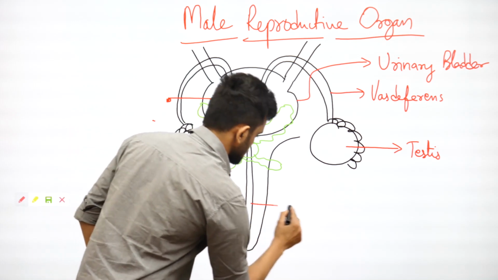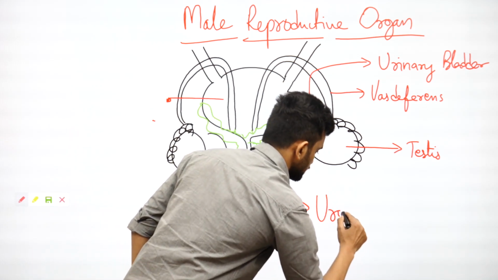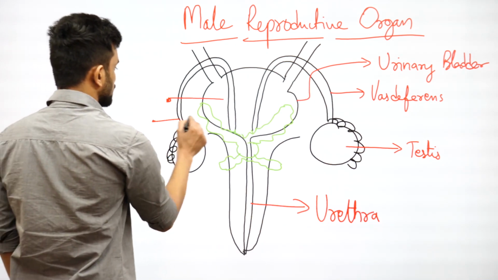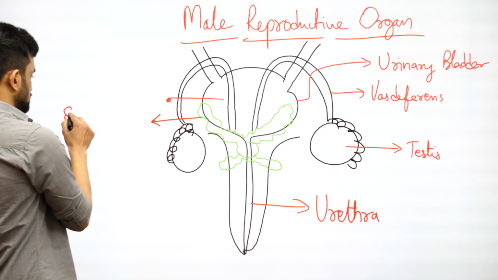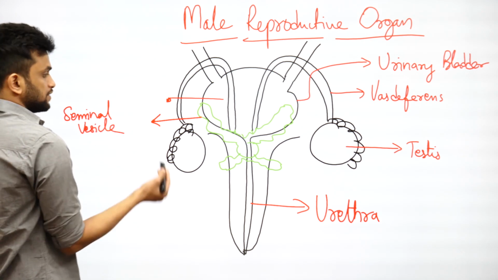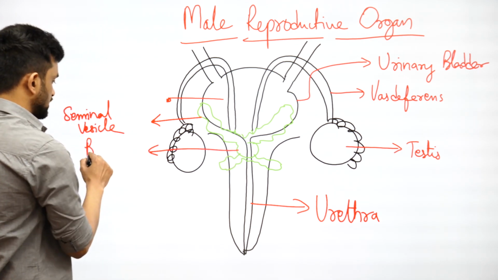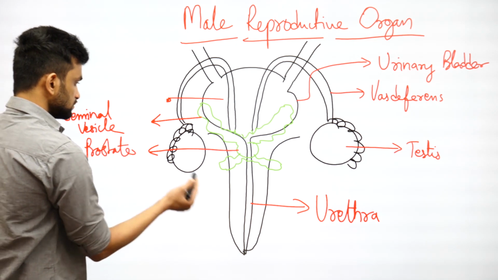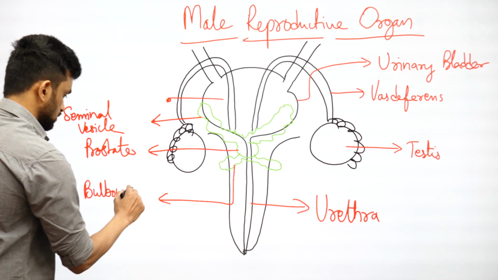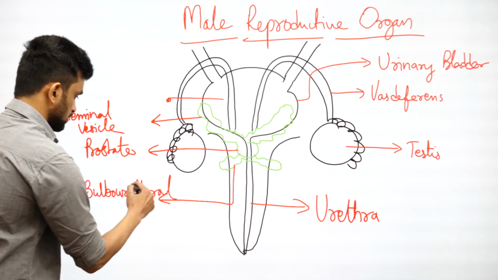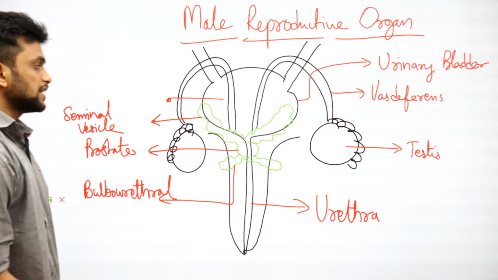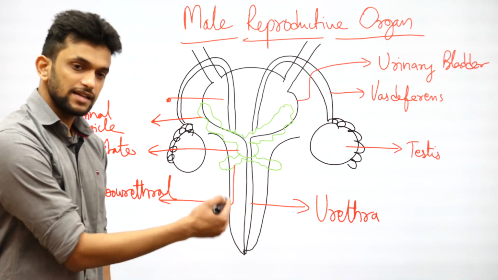We'll leave it, as I'll have to rub it off. What is this? Urethra. We have glands over here. What is this gland? Seminal vesicle. What do we have over here? Prostate. And in the end we have the bulbourethral gland.